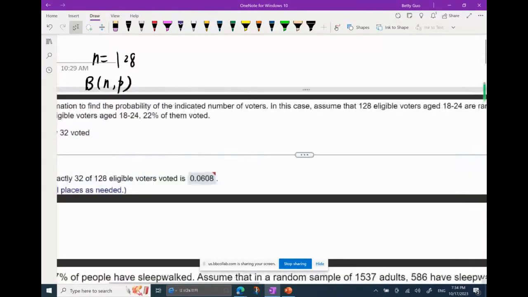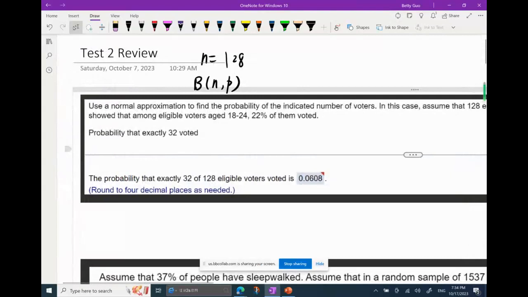Suppose a previous study showed that among eligible voters aged from 18 to 24, 22% of them voted. So if we see the participant is a voter as success, then the probability of success, p here, is 22%. Convert to decimal, we have 0.22, right?